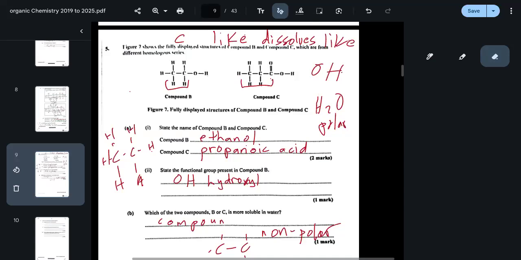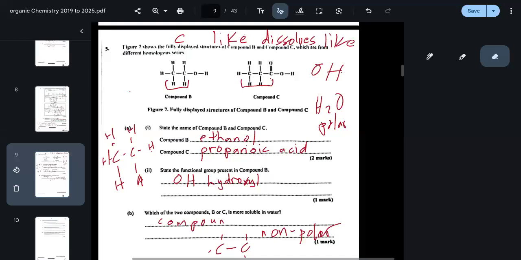Sir, when you compare alkenes and alkanes, the two of them are non-polar? Sorry, please repeat. Oh, alkenes and alkanes are non-polar. That is correct. So once you see the OH, it's polar.